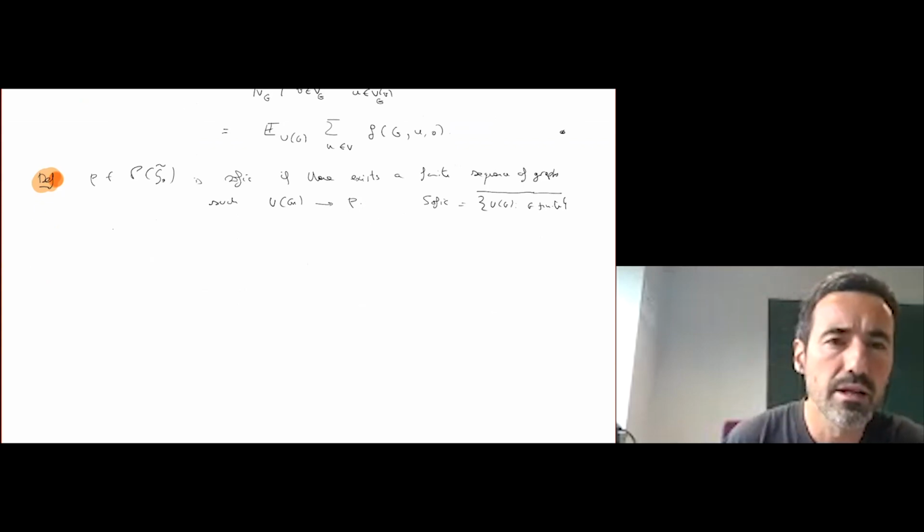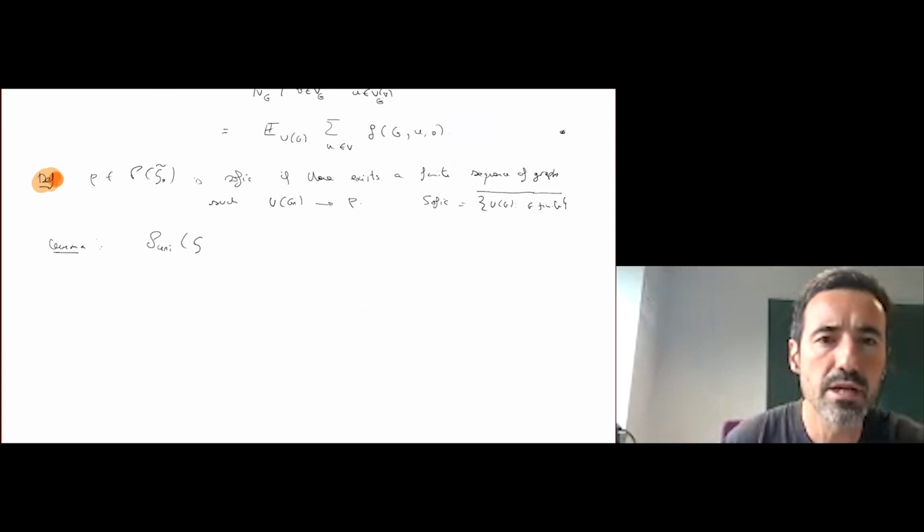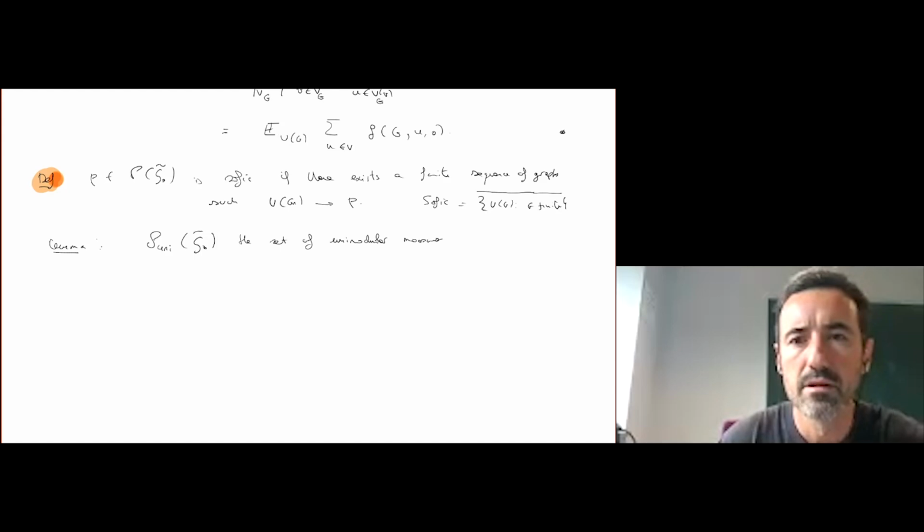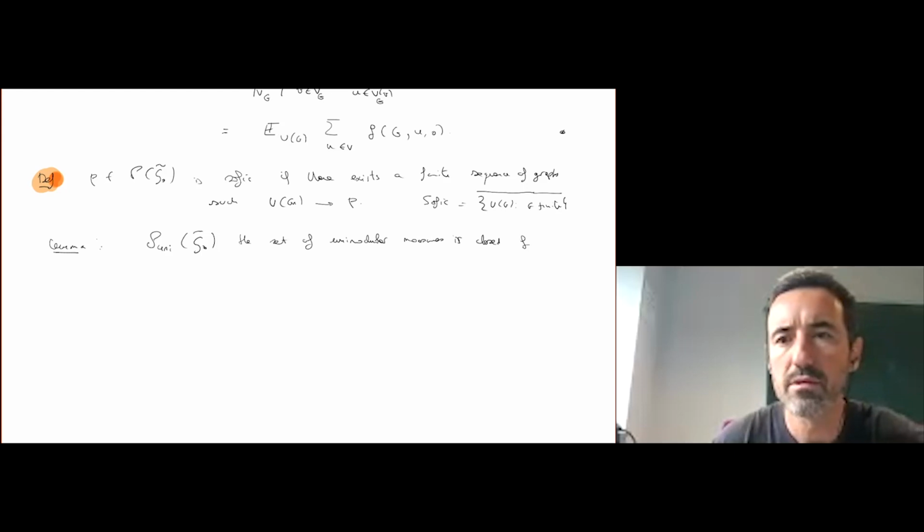And there is a lemma which says that the set of unimodular measures is closed for the weak topology.